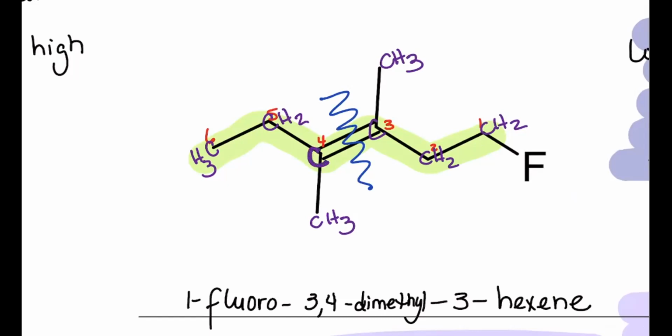So let me deal with the carbon in the carbon-carbon double bond that is on the left first. The atoms attached to the carbon on the left side of the carbon-carbon double bond are carbon and carbon.